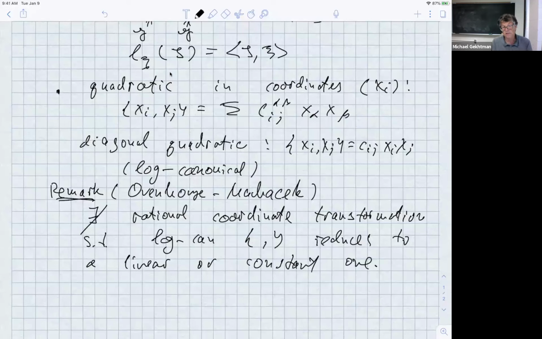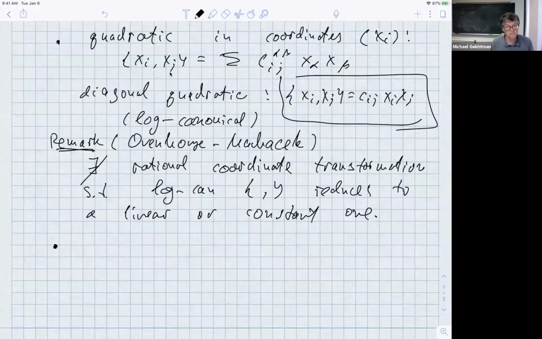So what it means is that if you start with some naturally defined quadratic Poisson bracket, this log canonical thing is the simplest one that you can hope for.